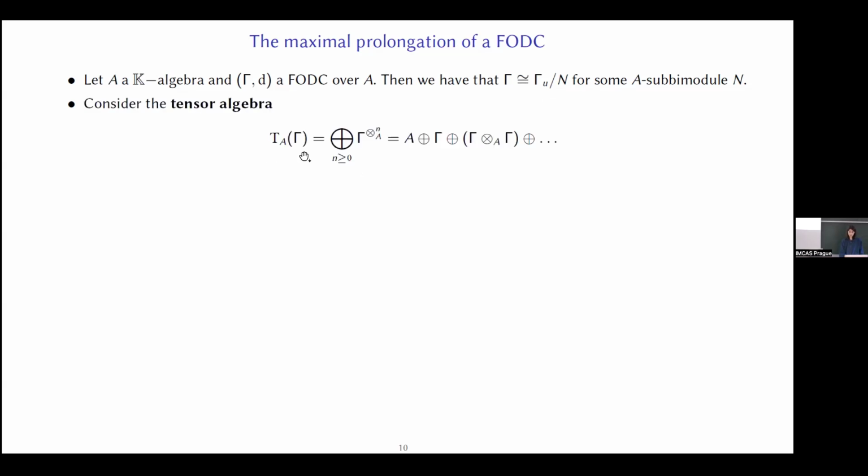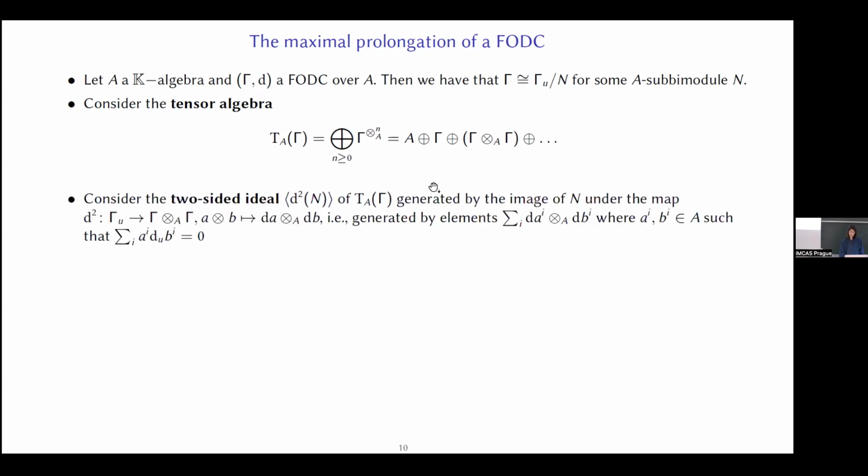Then we can take the tensor algebra, which is the direct sum of A, which is degree 0, the first order differential calculus, and then the balanced tensor product over A of the first order differential calculus with itself, and so on. And you can define a two-sided ideal of this tensor algebra by taking the image of the A-sub-bimodule N under this map d², which takes an a tensor b in the kernel of the multiplication and sends it to da tensor db.